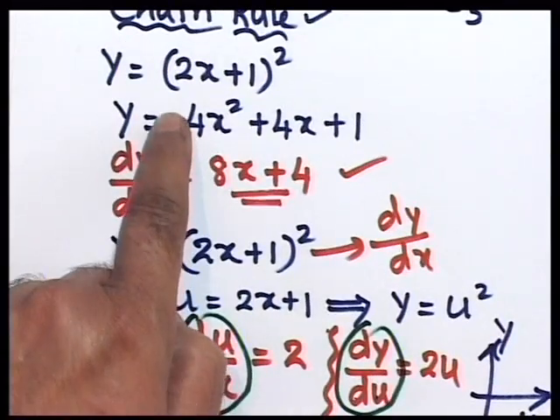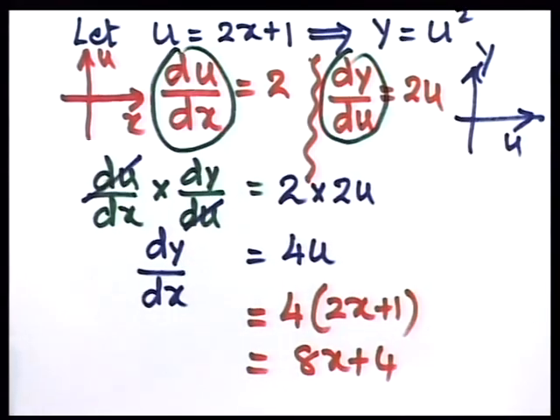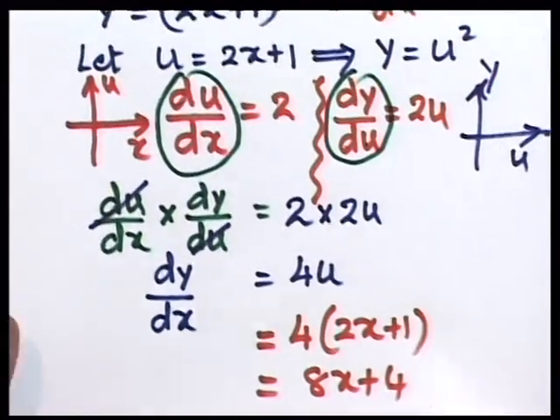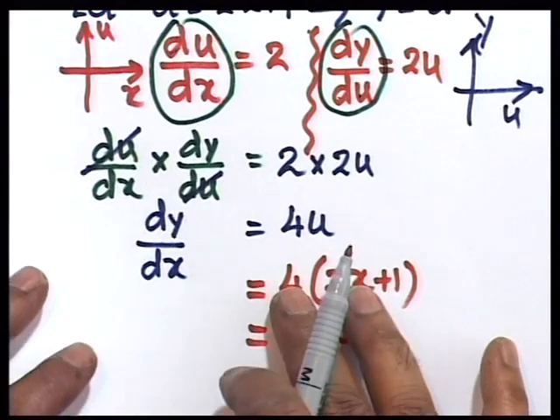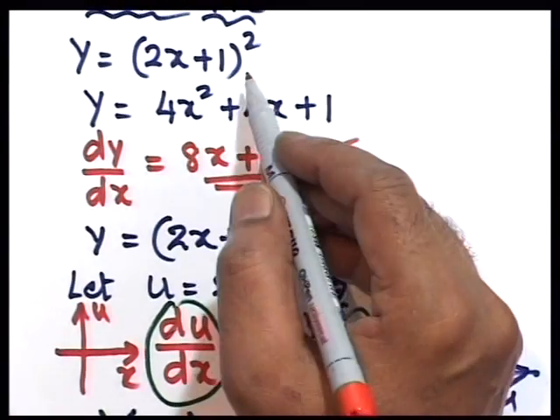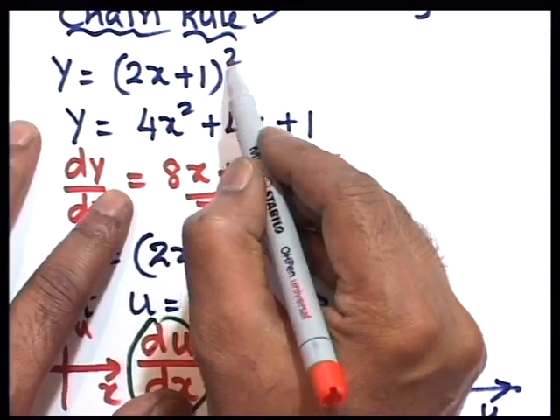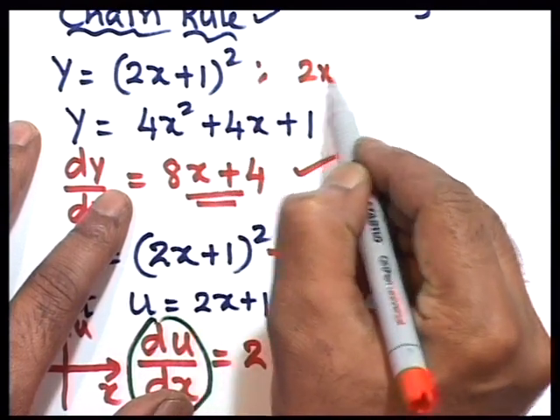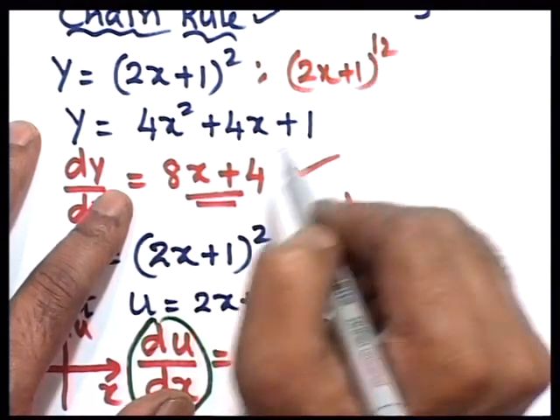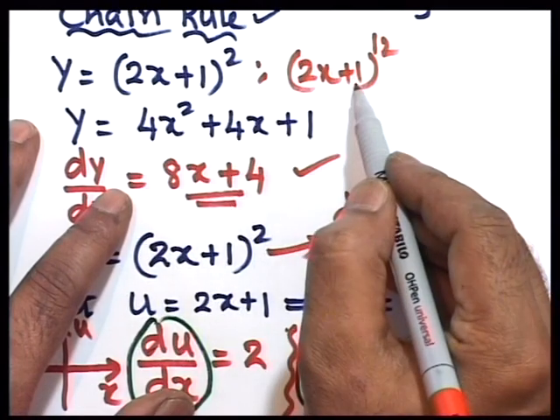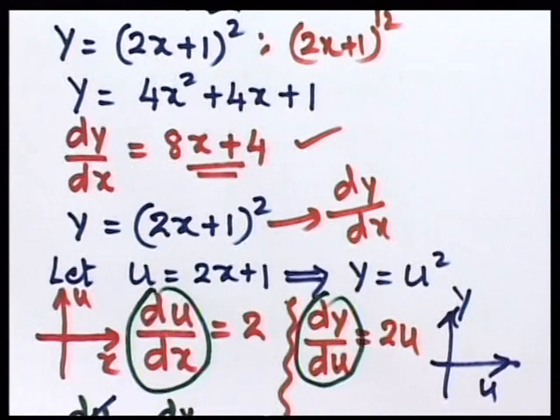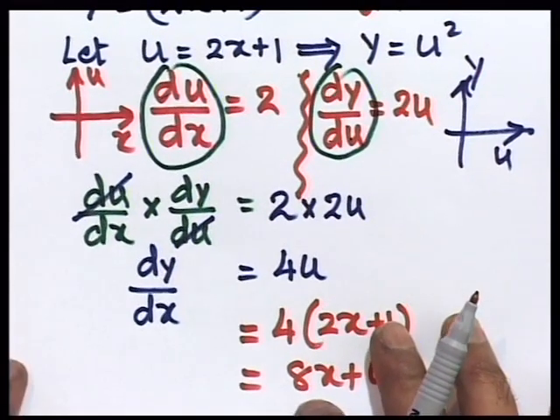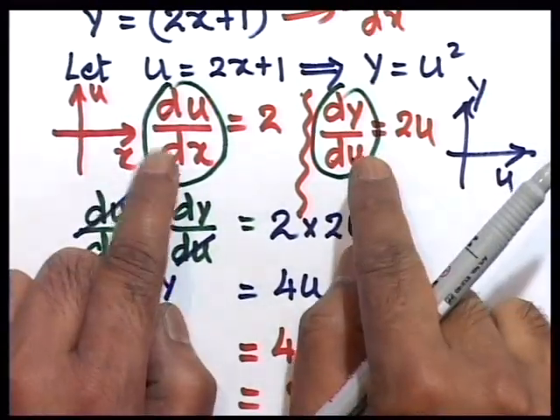Now this method looks very big, but as you go on solving questions, you will notice that this is much easier. What happens if this question is not just a square, but (2x + 1) to the power 12? You cannot open the bracket 12 times. That's when the chain rule is pretty handy to solve these sums.